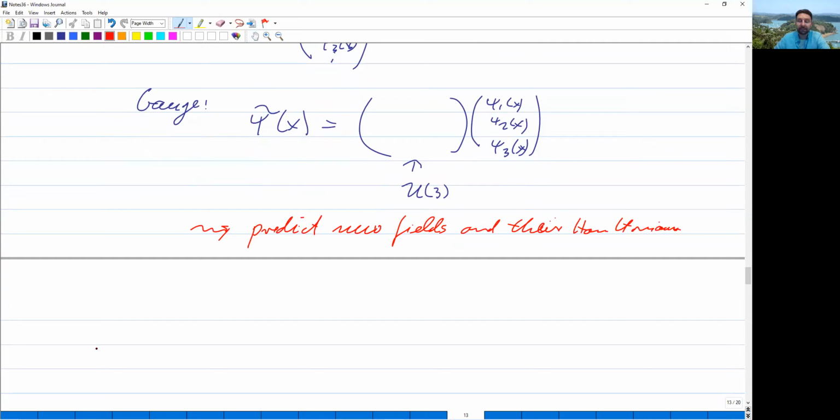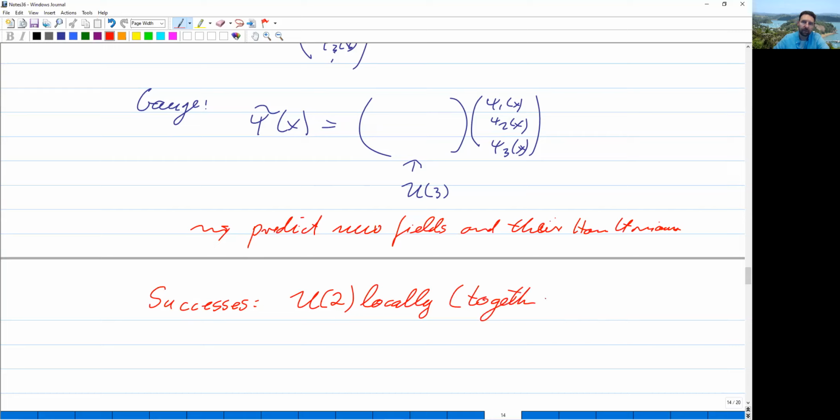Now, what are the successes here? The successes are U2. So if you have just two components and then you have 2 by 2 unitary matrices locally, together with the U1. By the way, what is the unitary group U1? Well, that's just what we worked with in this lecture today. Namely, these are unitary 1 by 1 matrices.